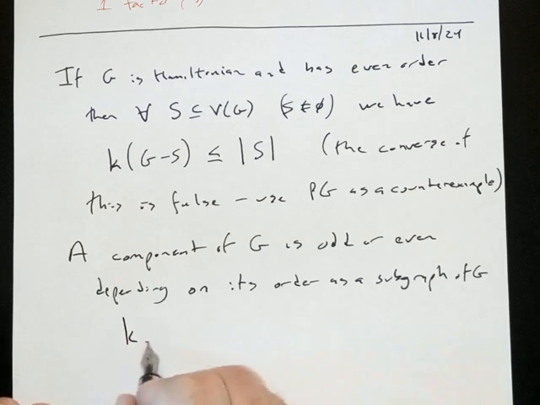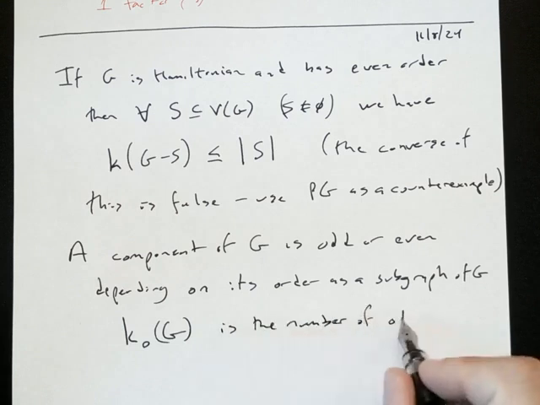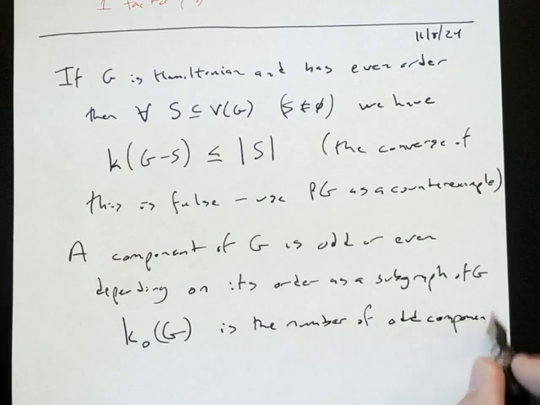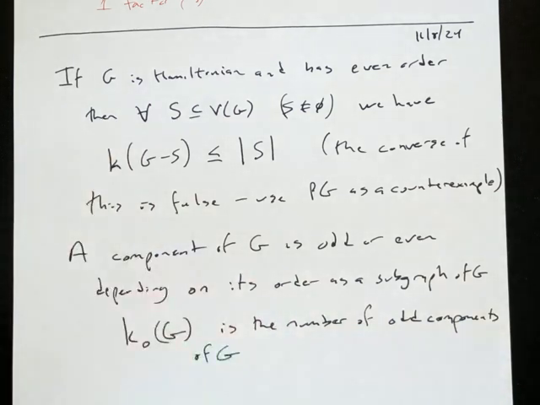And I'm going to call K_O of G, let's use O for odd. It turns out this tweak is enough.